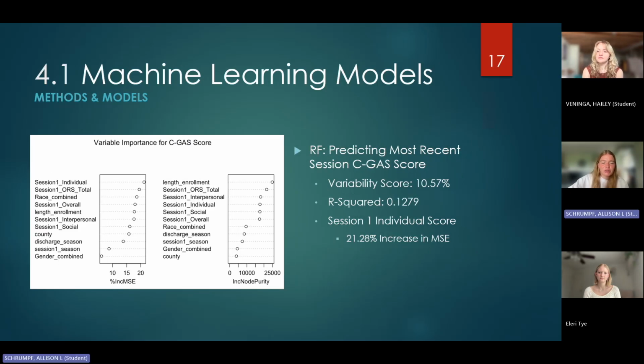And we can see similar trends in the CGAS output as well, with the session 1 individual score being the highest, but overall this model actually performed worse than the ORS score, so we can't say much about the findings here.